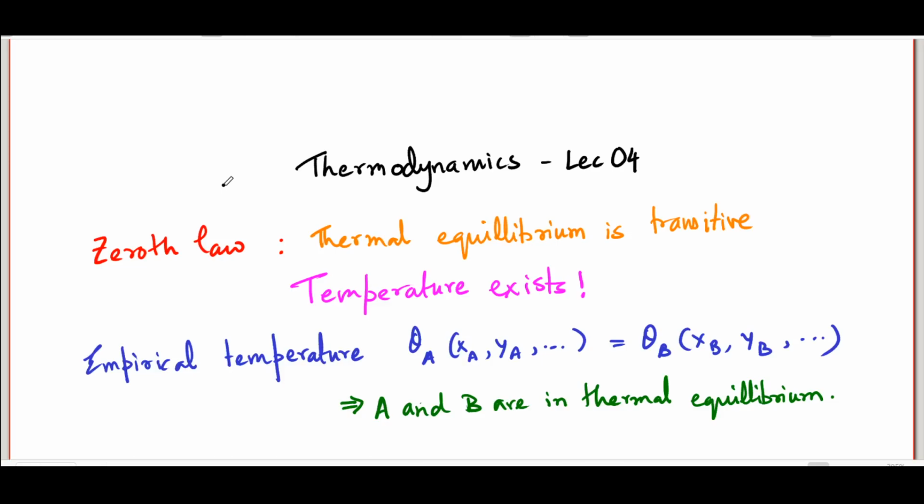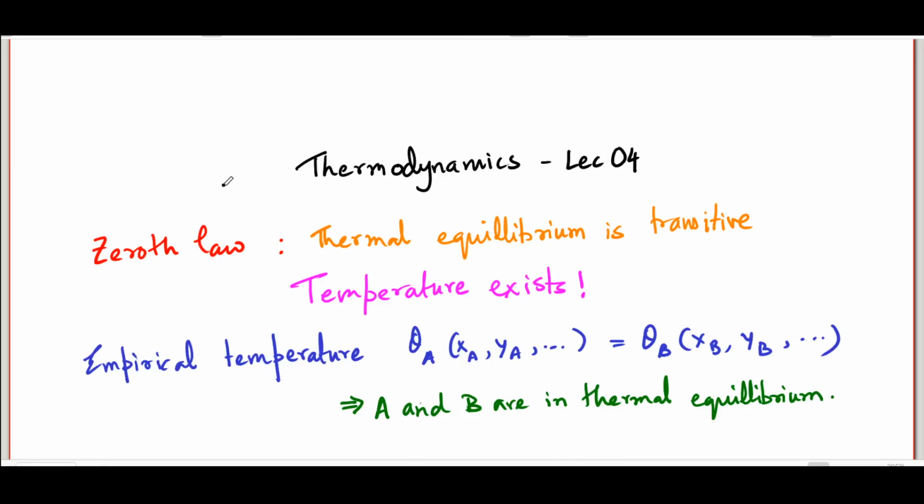In particular, it tells us that the equation which constrains the thermodynamic coordinates of two systems in thermal equilibrium must ultimately be equivalent to a form where one function of the coordinates of one system has to be equal to a similar but maybe altogether different function of the coordinates of the second system.